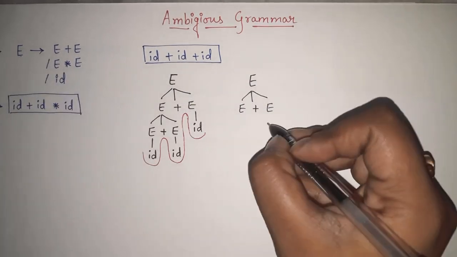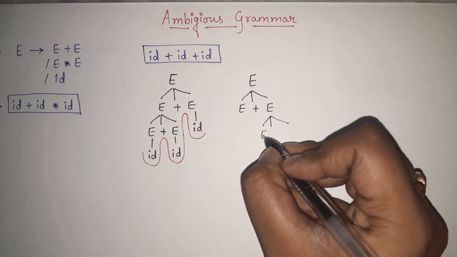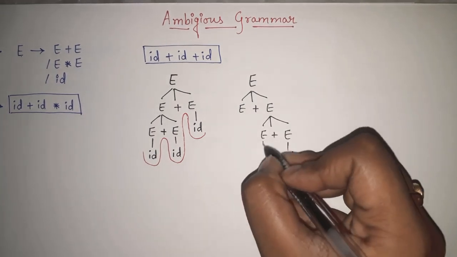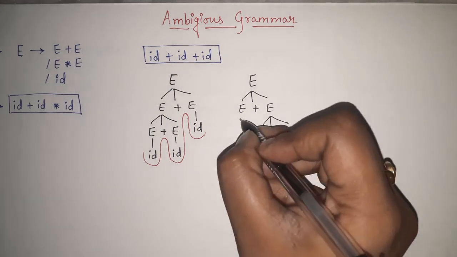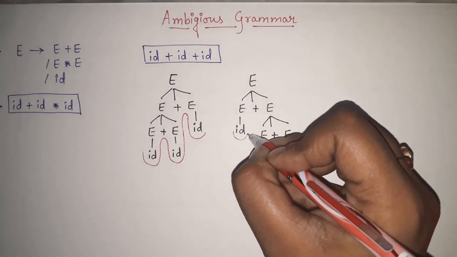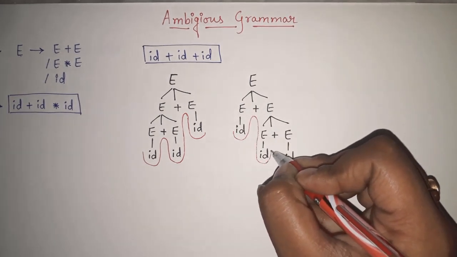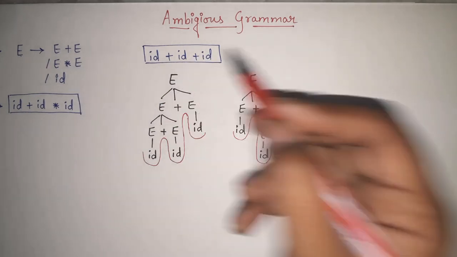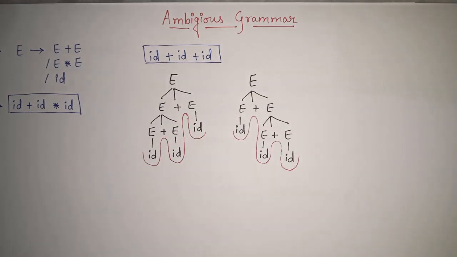So E gives E plus E. Now this E gives id, this E gives id, and this E gives id. If I check the leaf nodes again, I get id plus id plus id, so again I get my required string.